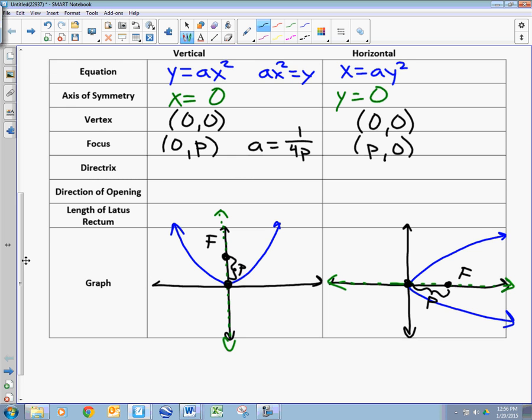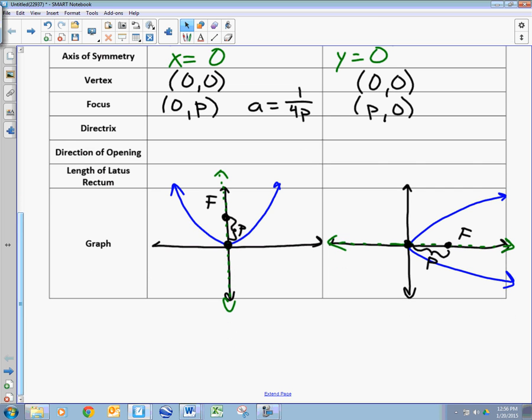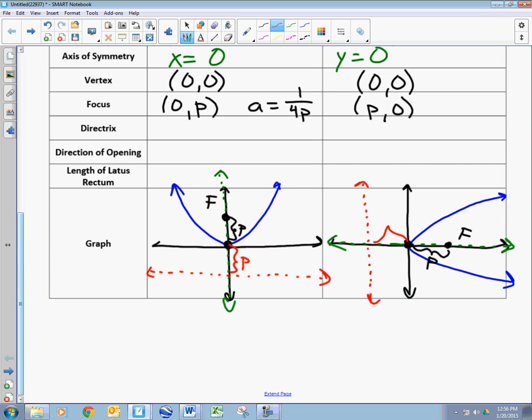Yep. The directrix is a line that runs perpendicular to the axis of symmetry. It also sits p units away from the vertex. Horizontal line or vertical line? Horizontal. X equals or y equals? Y equals.